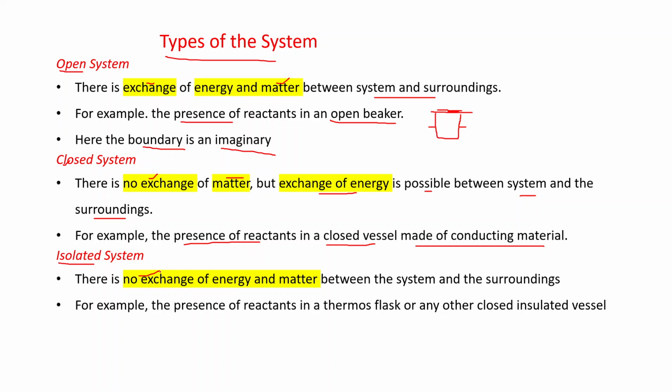There is no exchange of energy and matter. It means both energy and matter cannot be exchanged between the system and the surroundings. For example, the presence of reactants in a thermos flask or any other closed insulated vessel is considered as an isolated system.